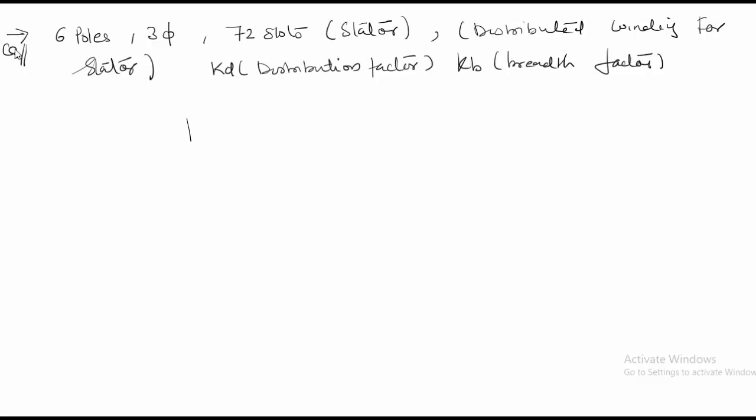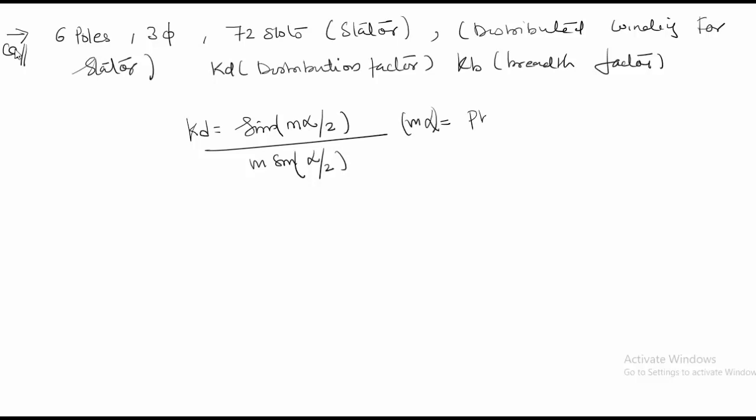The formula for KB or KD is equal to sine of m alpha by 2 divided by m sine of alpha by 2, where m alpha is my phase spread.